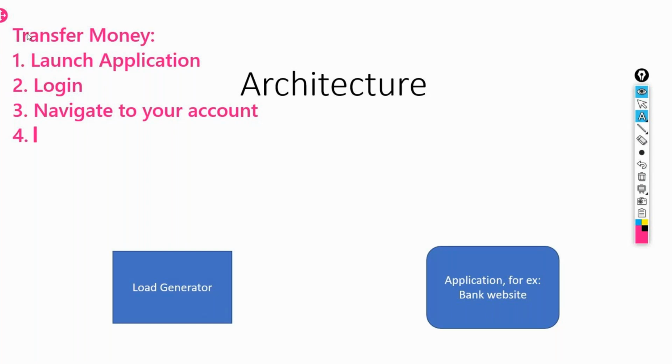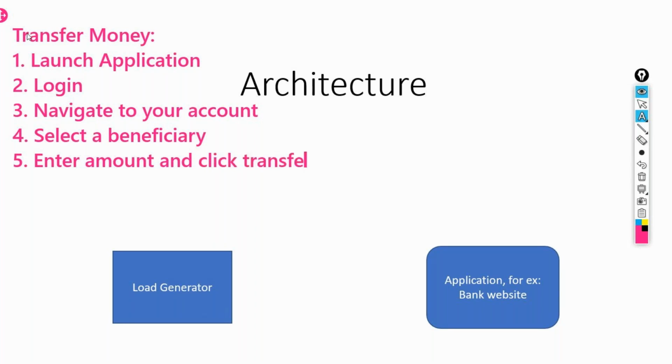Then select a beneficiary to whom you want to transfer the amount, enter the amount, and let's say click transfer, something like that. Then log out of the application. Isn't it? These are the steps to transfer money, yes or no? Right?